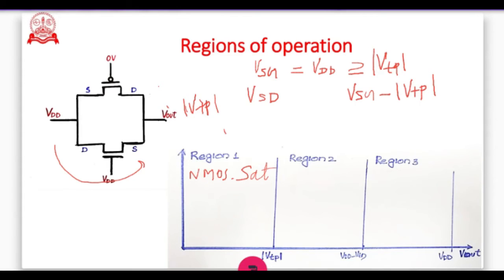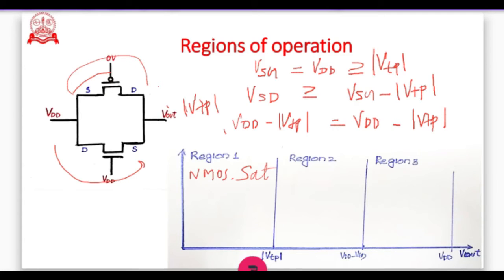Here VSD is VDD minus modulus of VTP, and VSG minus modulus of VTP is VDD minus modulus of VTP. So these terms are equal. The condition is that if VSD is greater than or equal to VSG minus modulus of VTP, it is in saturation. So PMOS is in saturation.